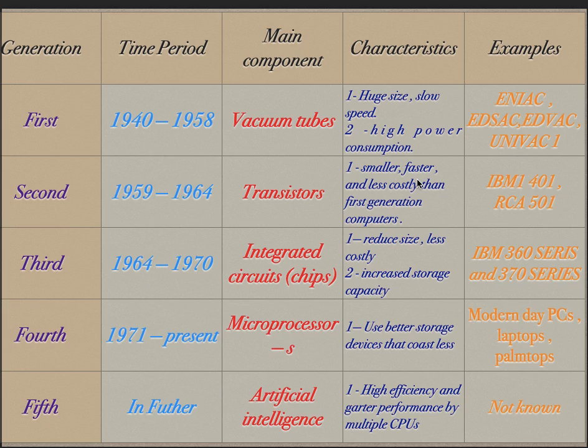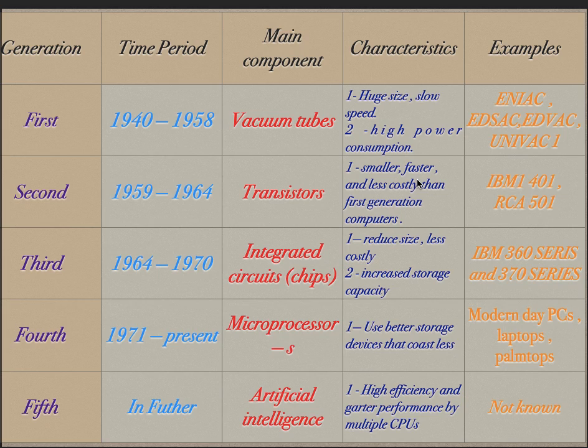It even has programming languages like COBOL and FORTRAN, the two programming languages used then. In the present generation, we use Python, C++, and Java.